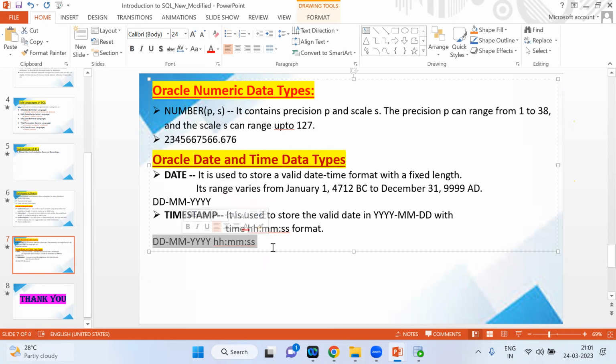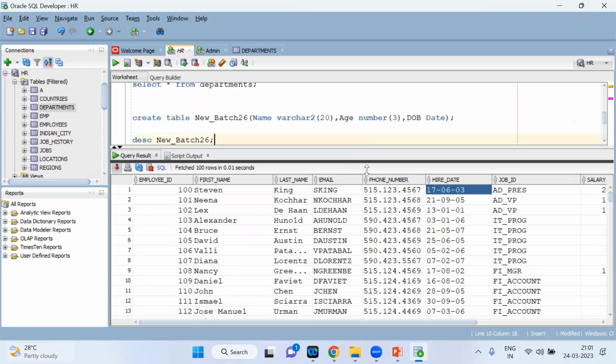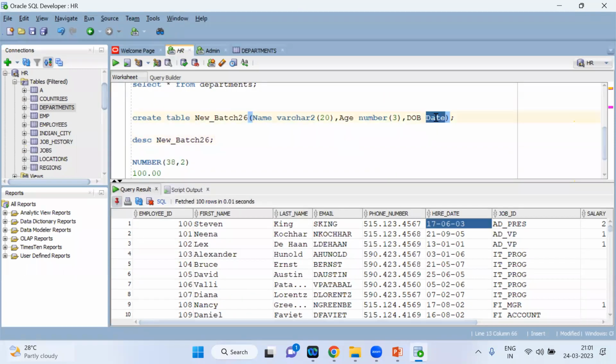Clear? So timestamp can be said to be a newer data type for Oracle. If you want, you can give timestamp; it will come with hours, minutes, and seconds. It depends on your requirement, and you can utilize all these things.